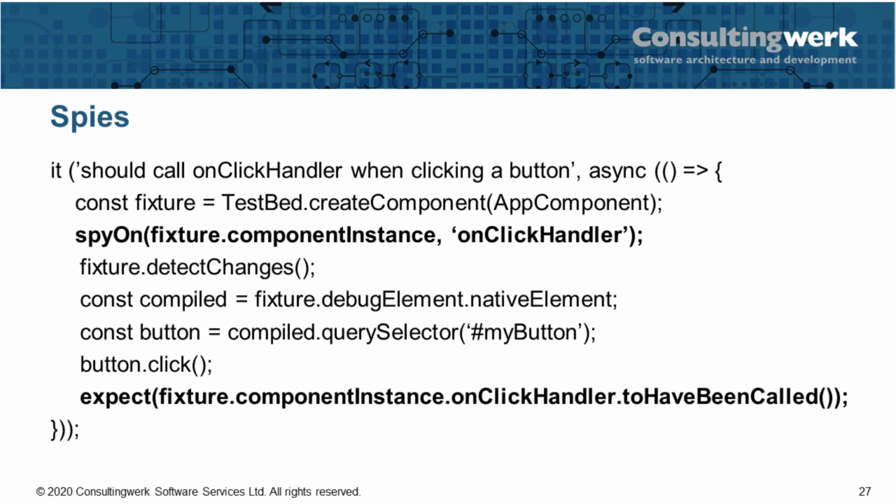And then finally, we call expect. So essentially, we assert that the onClick handler has been called at least once. You can see the syntax here is quite neat and suggestive. So essentially, we're saying expect component instance.onClick handler to have been called. What code is easier to read than that, really?